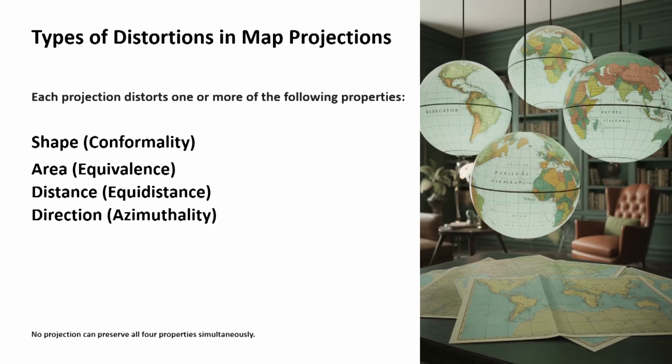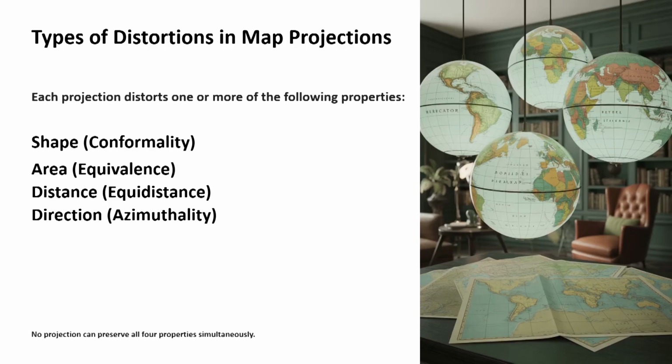Now we are moving on to distortion in map projections. If you are converting 3-dimensional features into 2-dimensional features, there will be some distortion. Here I have listed out the distortions: shape, conformality, and area, equivalence, and the third one is distance, equidistance, and direction, azimuthality.